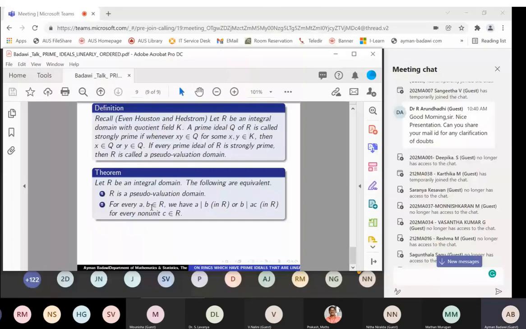The same thing here. There are many classifications of pseudo-valuation domains, but here is a simple divisibility condition: whenever you have two elements, then a divides b, or b has to divide ac for every non-unit c in R.